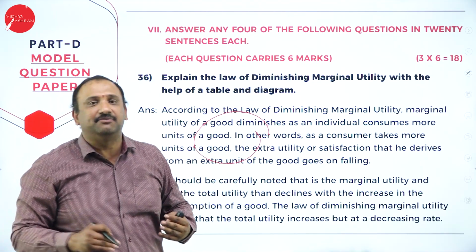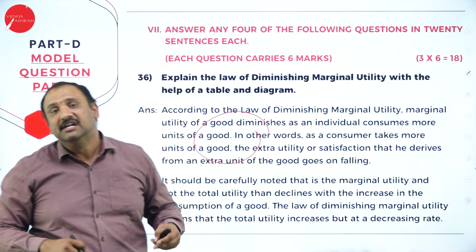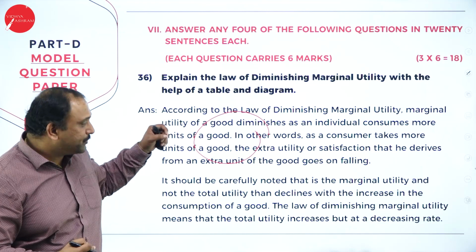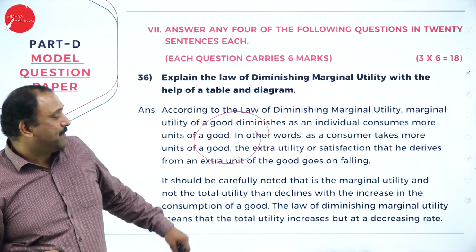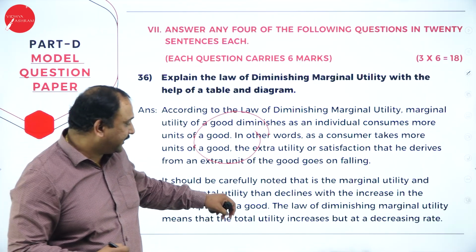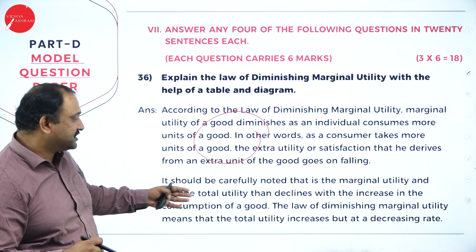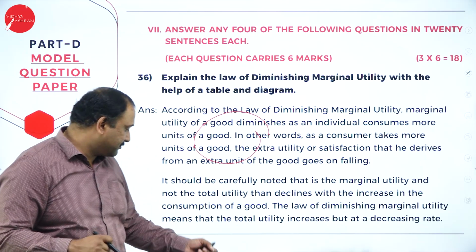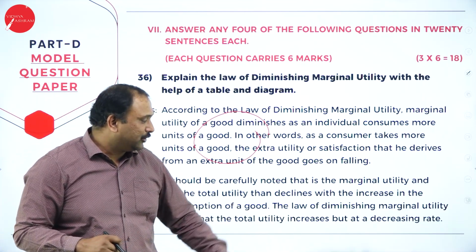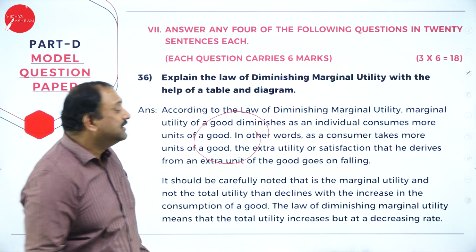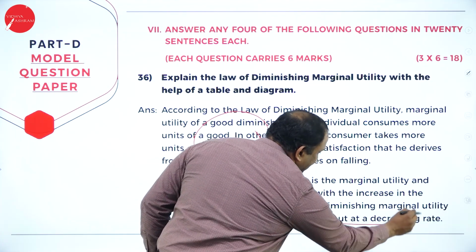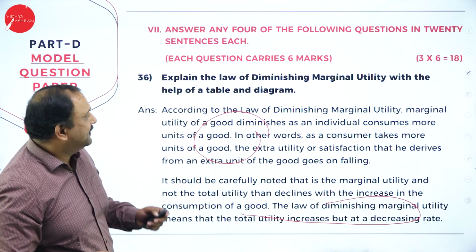So that's where it is very, very important for all of us to understand this. It should be carefully noted that the marginal utility declines with the increase in the consumption of the good. The law of diminishing marginal utility means that total utility increases but at a decreasing rate. So this is very, very important for all of us to understand.